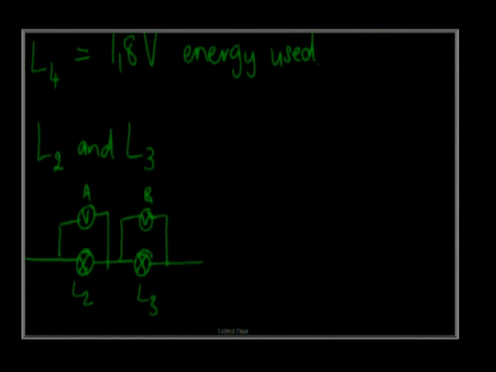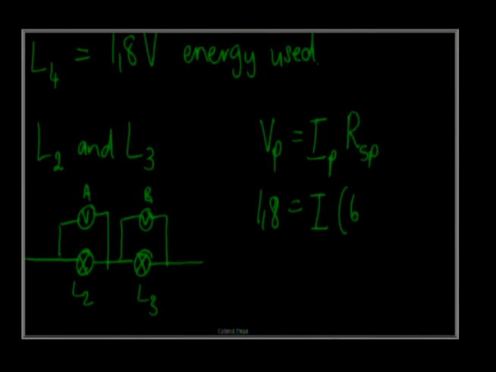The branch over here, the total resistance for that branch is going to be 3 ohm. We know that the potential difference for the parallel connection works out to be 1,8. The current for your parallel connection is unknown, and the total resistance for the series connection in parallel is going to be your 6. So we've got 1,8, your current through that branch, multiplied by the resistance, which was 6.